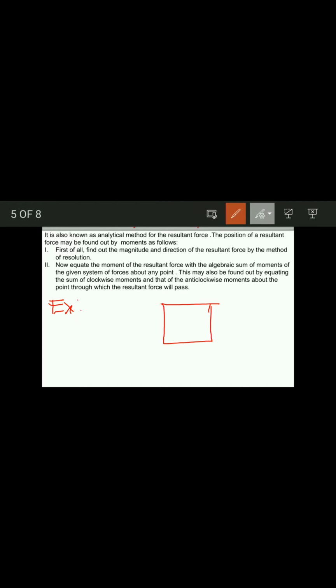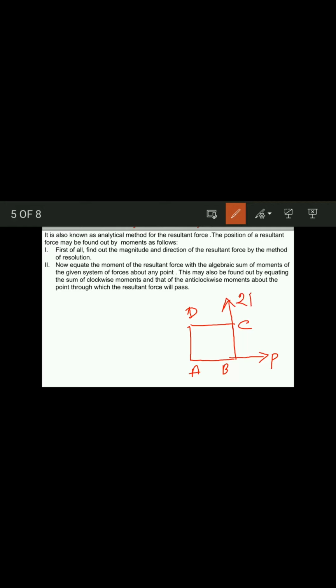Say this is one square, A, B, C and D. The four forces are along AB it is P, along BC it is 2P, along CD it is 3P, along DA it is 4P.